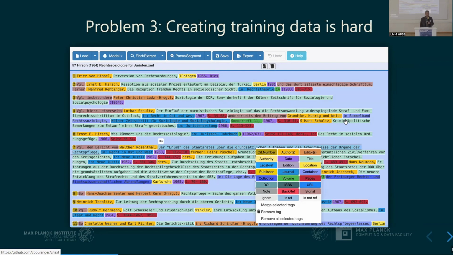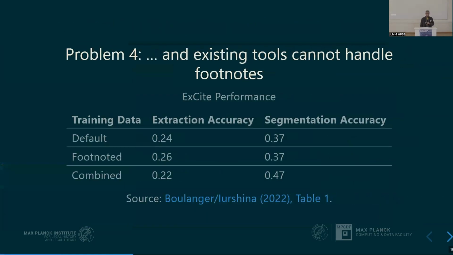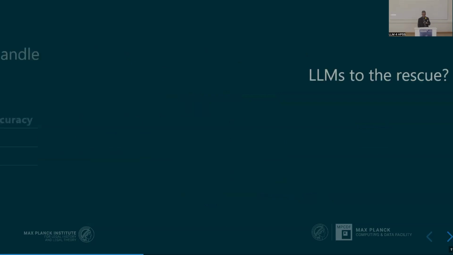But even if you have these annotations, and we did them, we spent a lot of time on these, the traditional tools that rely on conditional random fields and all the machine learning stuff, they don't perform. I have one example here, but it's the same thing for the other tools as well.